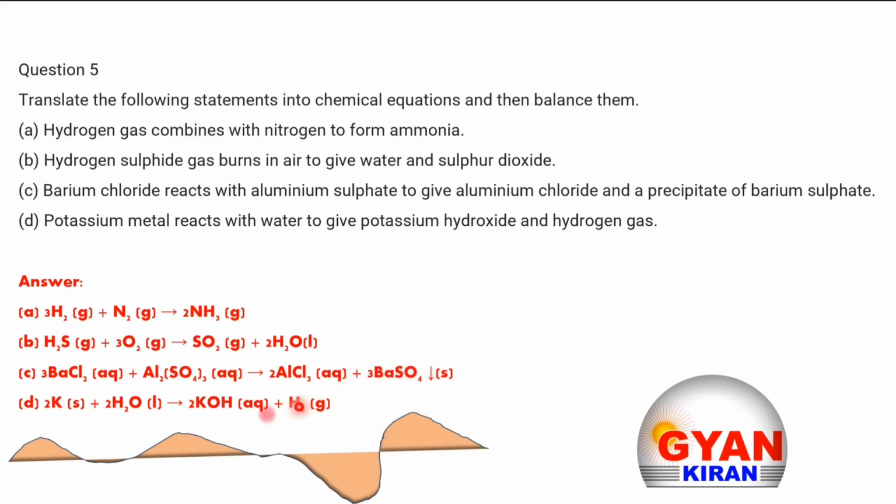Then potassium metal reacts with water to give potassium hydroxide. Here the potassium is a metal, it reacts with water and gives rise to potassium hydroxide and hydrogen gas.